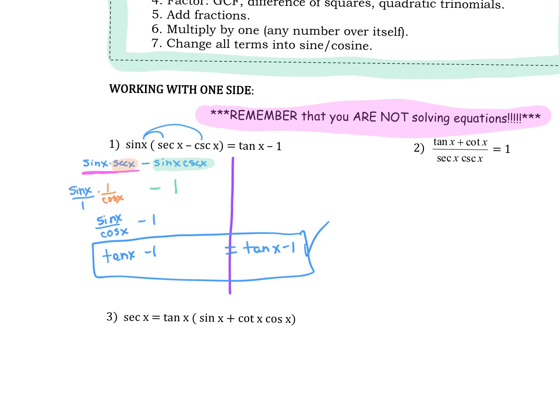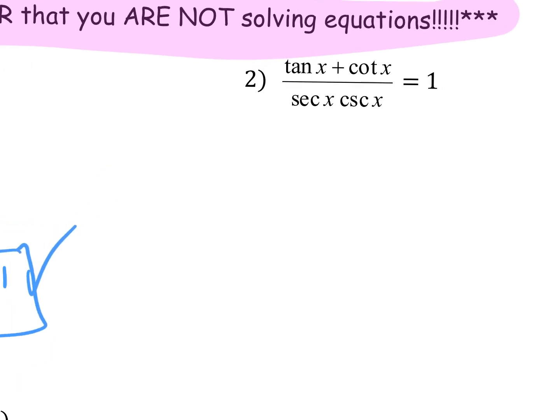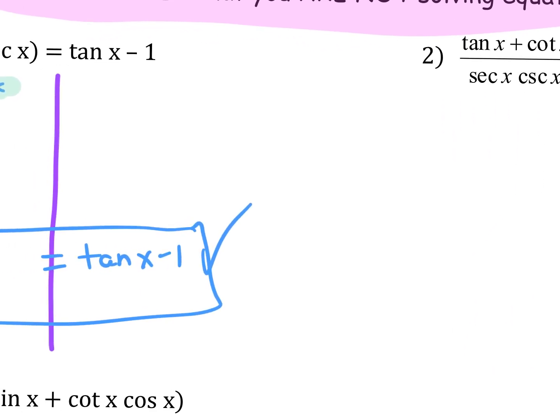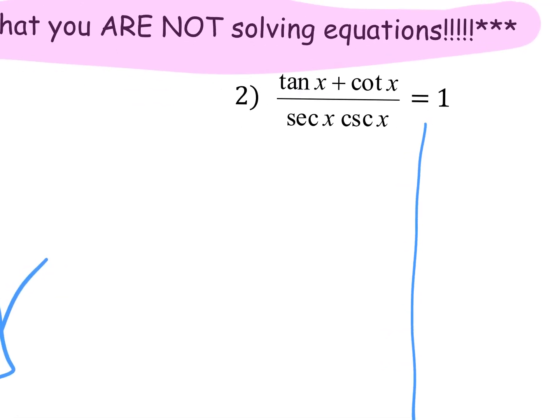As long as you're following good legal math steps, then you're fine, right? Okay. Clearly, the left-hand side is more complicated than the right, so we're definitely going to work with the left-hand side. Ideas, thoughts, suggestions of what we should do? What do you want to do first?